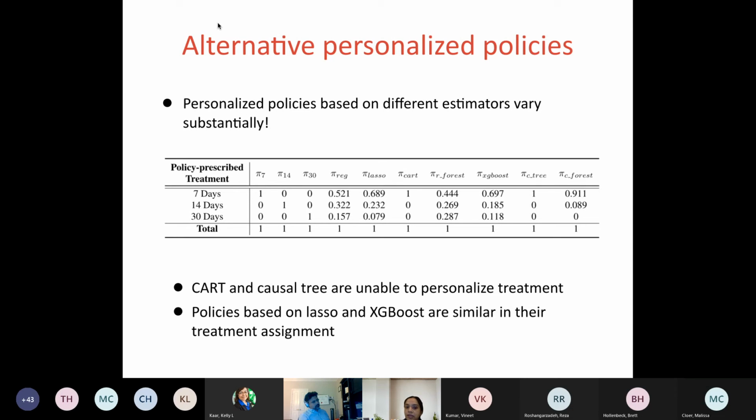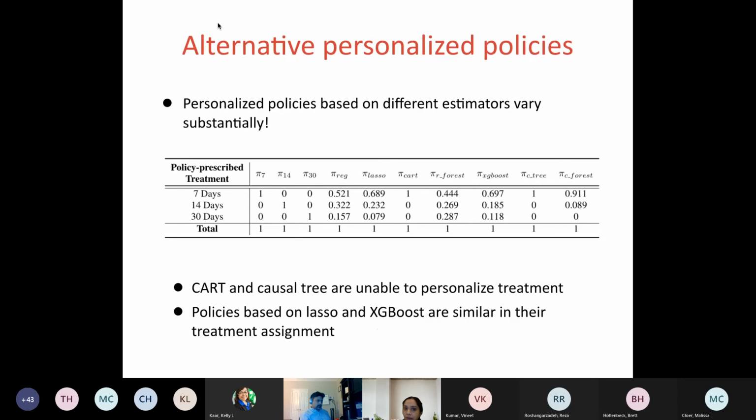And you can see that some methods like CART and causal tree are actually unable to personalize treatment at all. They just give 7 days to all. And we see that policies based on lasso and XGBoost are largely similar. Regression and random forest are much more dispersed, and causal forest again is not able to personalize as much.